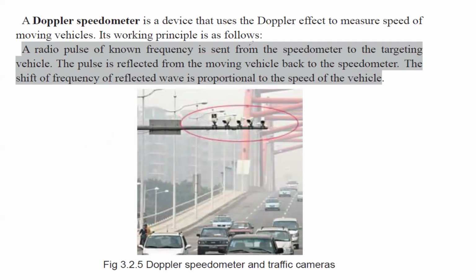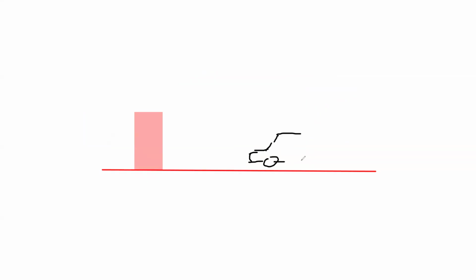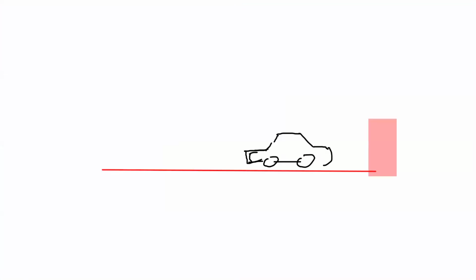Like speed cameras, how do they identify that a car is over speeding? This represents the camera and the car is approaching. It can work both ways; it can be placed the other way around. Now what will happen?